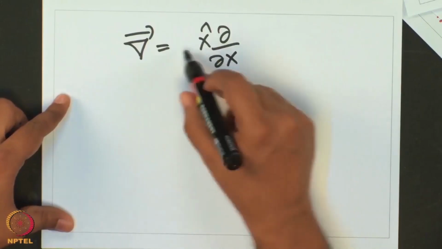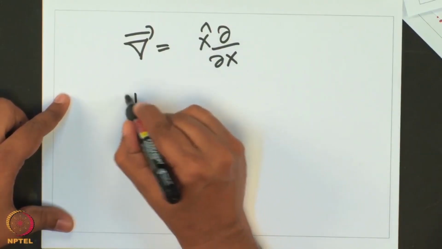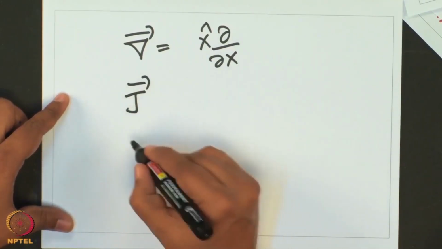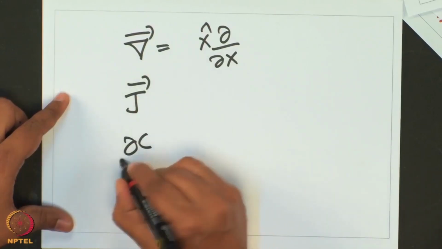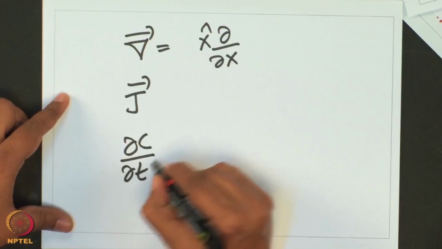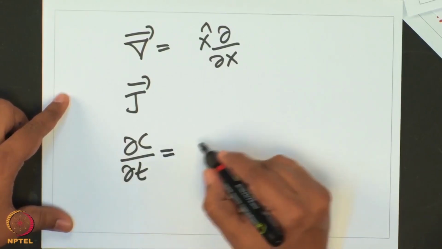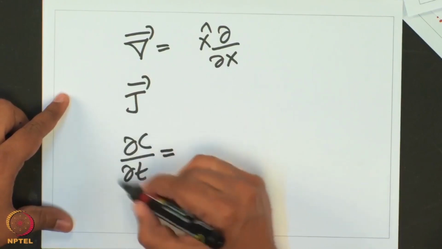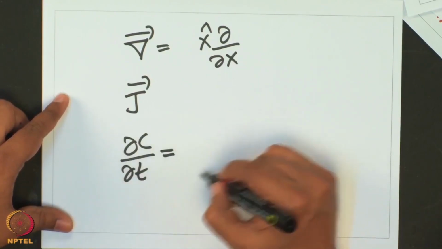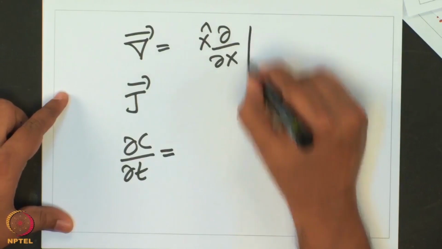Del vector is del by del x x cap. And another vector we have is J. Now, we know that dC by dt is a scalar. C is not a vector, t is not a vector, this whole thing is a scalar. Therefore, we want to get a scalar here also.